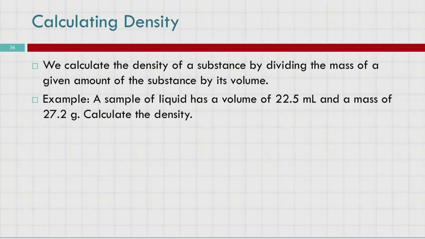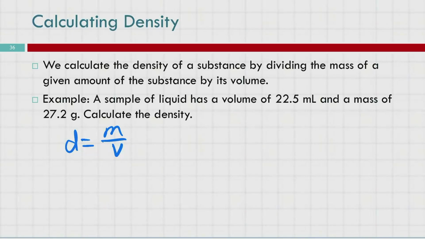We can do density calculations. They're not terribly difficult as long as we remember our D equals m over v formula. So we calculate the density by dividing the mass, m, of a given amount of the substance by its volume, v. So D equals m over v.